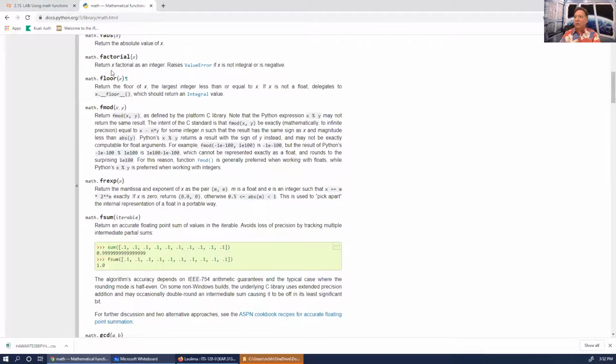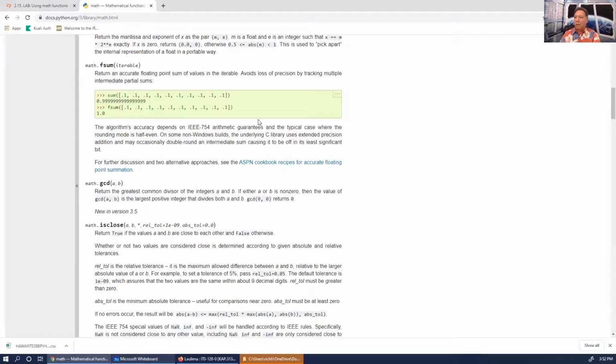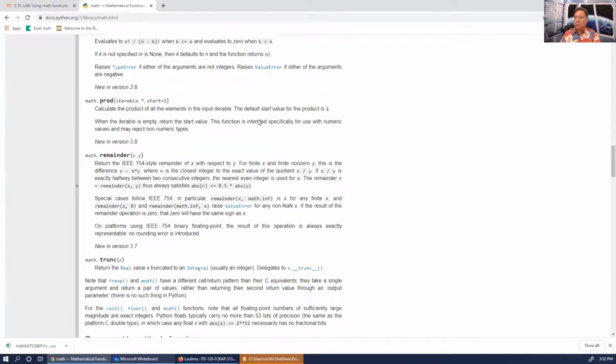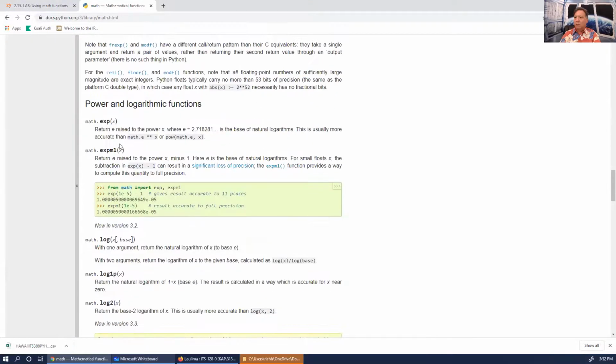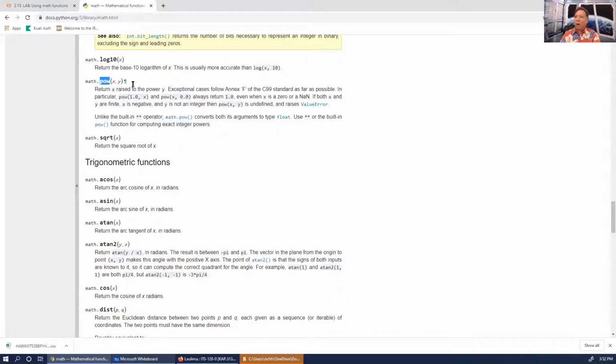Oh, by the way, you're going to use this one for absolute value. I'm going to use power, and I'm going to use this one. Oh, they're right next to each other. SQRT and power. Okay, so I'm going to use this one first.